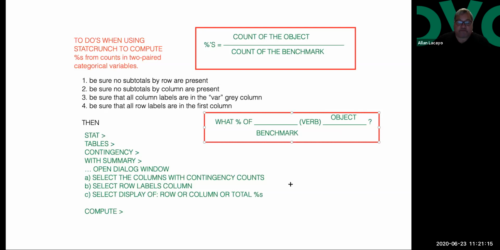The second type of approach in which you get asked questions about these percentages in your assignments, be it Lab 2, Quiz 2, or the exam, is in the form of a command, where it says something like construct the percentage of such and such for such and such. In that structure, the object is the first part with the of, and then the benchmark is the for.